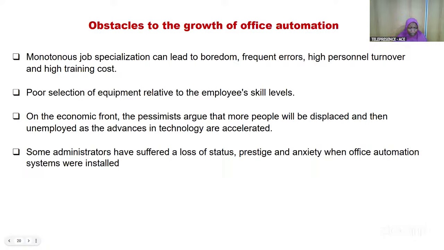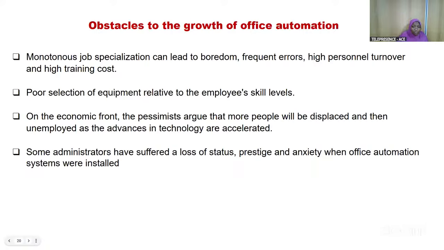And of course, there are some administrators that will suffer loss of status. You know, in those traditional offices, once you want to carry one file, especially in this part of the world, you have to say, "Oga sir, please, I need permission to look into this file. I need this permission to see this and that." Now, all these files are on your table, so you don't need to call anybody to ask for permission to look into anything.